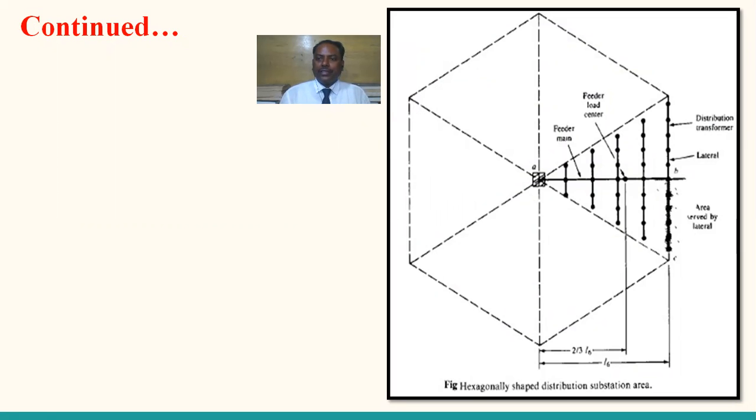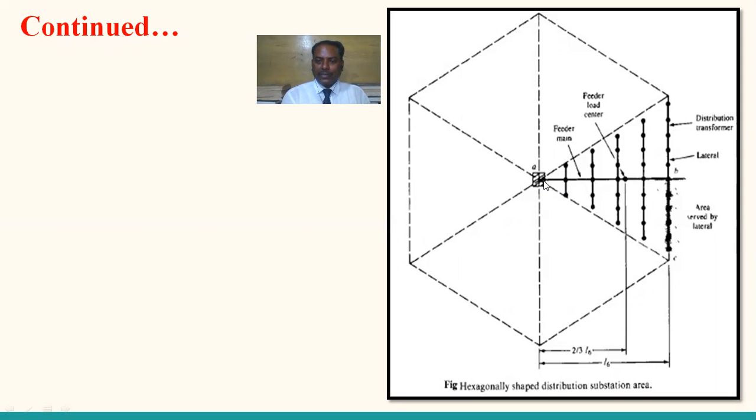The total 360 degrees is to be divided into 6 equal parts, so that each area covered is 60 degrees. Over 60 degrees, the feeder is serving, so it is equally divided into 30 degrees and 30 degrees. This is the one area having a 60 degree span.